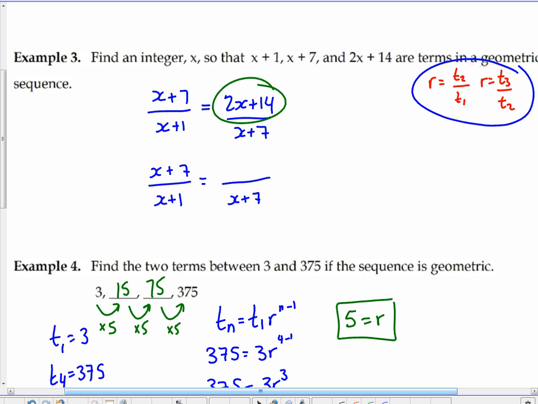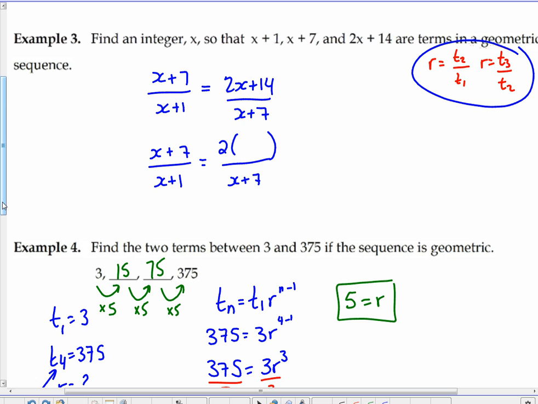What can you divide both those numbers by? 2. Okay, so we're going to factor out 2. If I pull out a 2, do you remember that? This is a tough question. If I factor the 2, what's left over inside? X plus 7. Yay! What happens with our x plus 7s? They can actually cancel out. So now this is a lot easier.